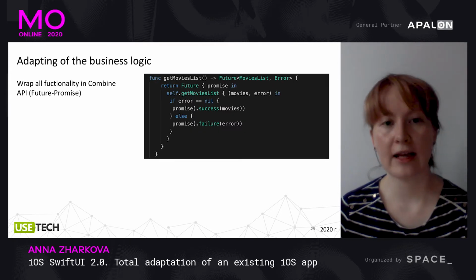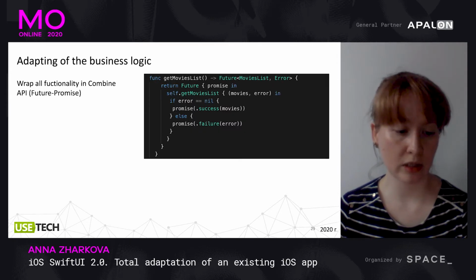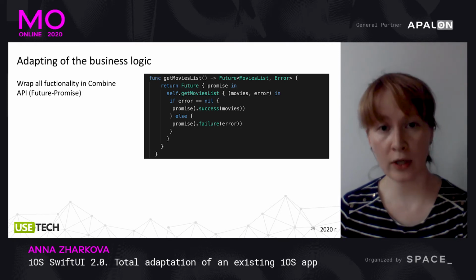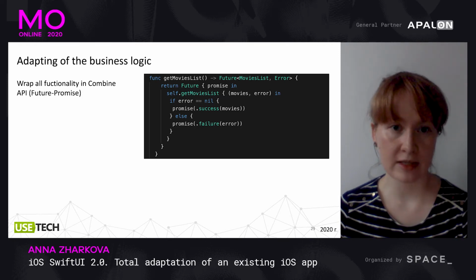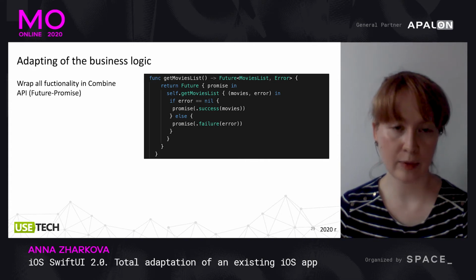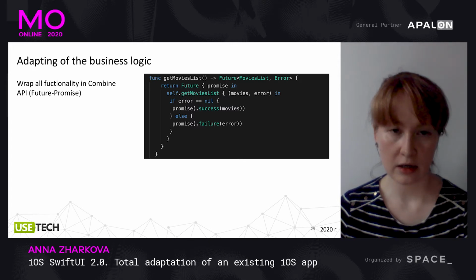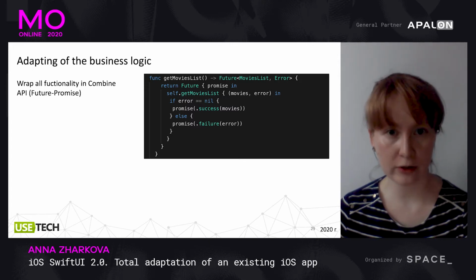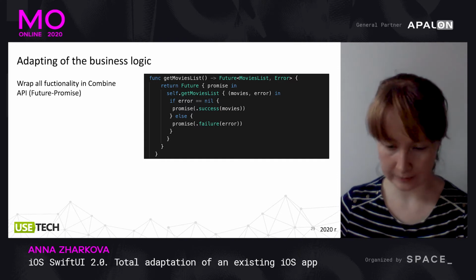We can keep the same logic, but wrap it in the Combine API. We could use the Future and Promise API in this way. For example, we call our default method, and in the completion handler we send a promise with a success result if everything is okay, or a failure result if there is any error.